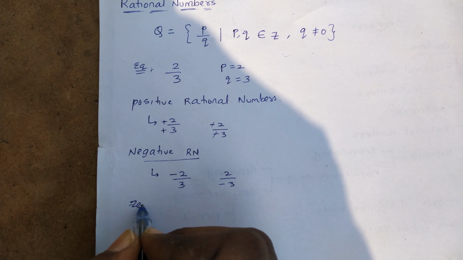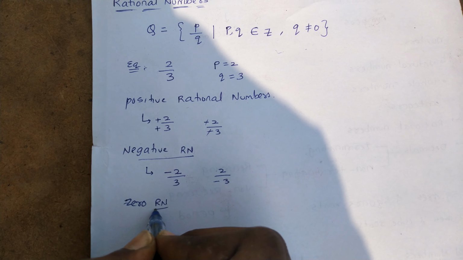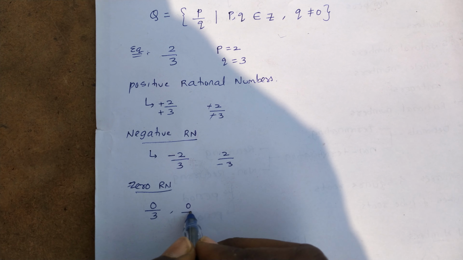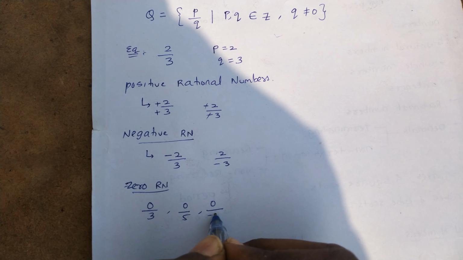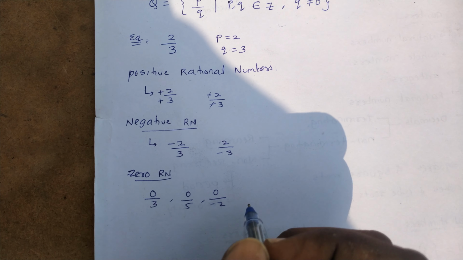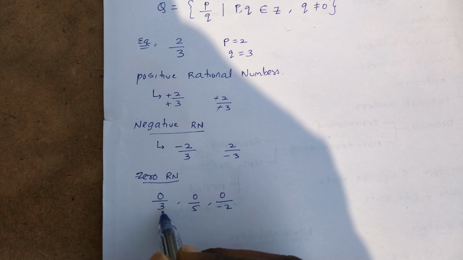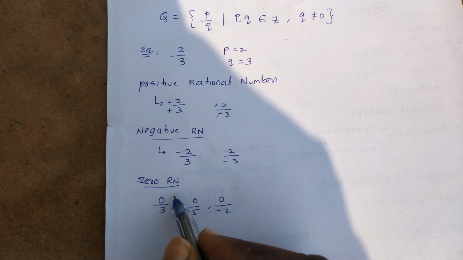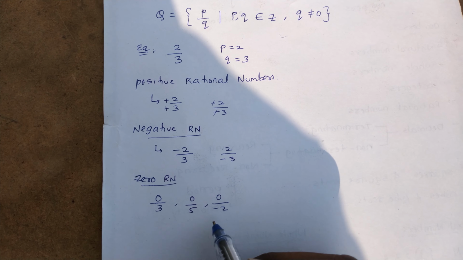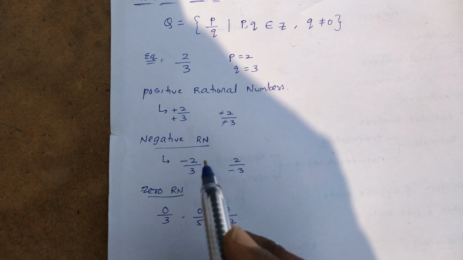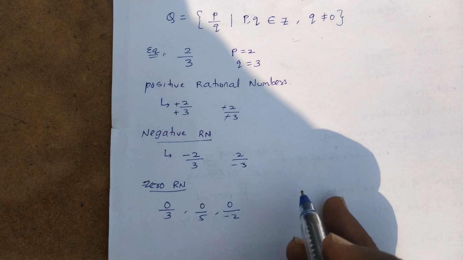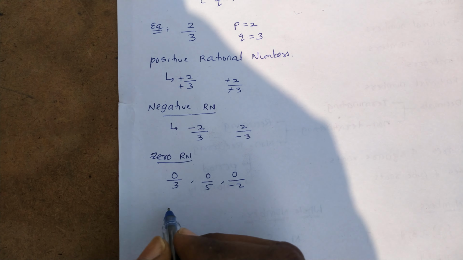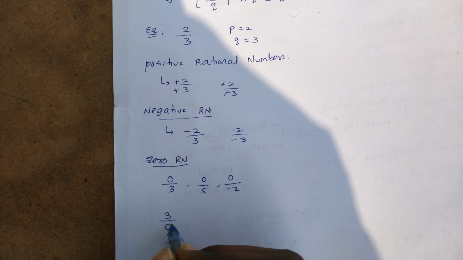Zero rational numbers are also there. That means 0 by 3, 0 by 5, 0 by minus 2, all these are also rational numbers. 0 by something is nothing but 0 only, but 0 by 3, 0 by 5, 0 by minus 2 all come under rational numbers. These are zero rational numbers, neither positive nor negative. But you can't write it the other way. 3 by 0 is not defined.